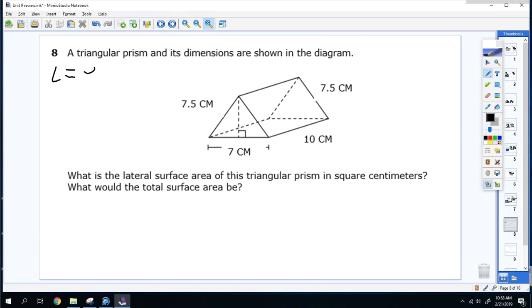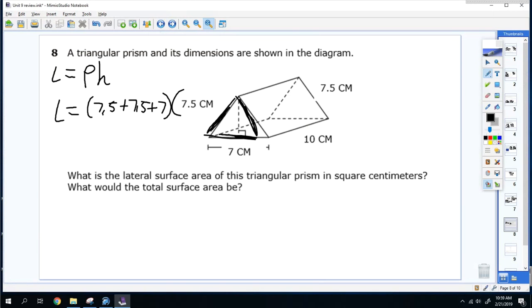So your lateral would be big P times H. So then it would be 7.5 plus 7.5 plus 7. And only use 3 dimensions because a triangle only has 3 sides. And they're going to do the height of the prism.